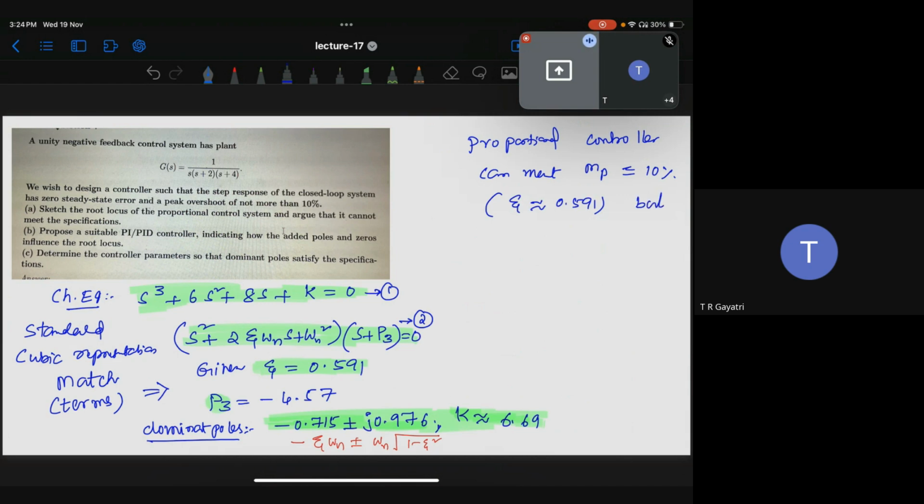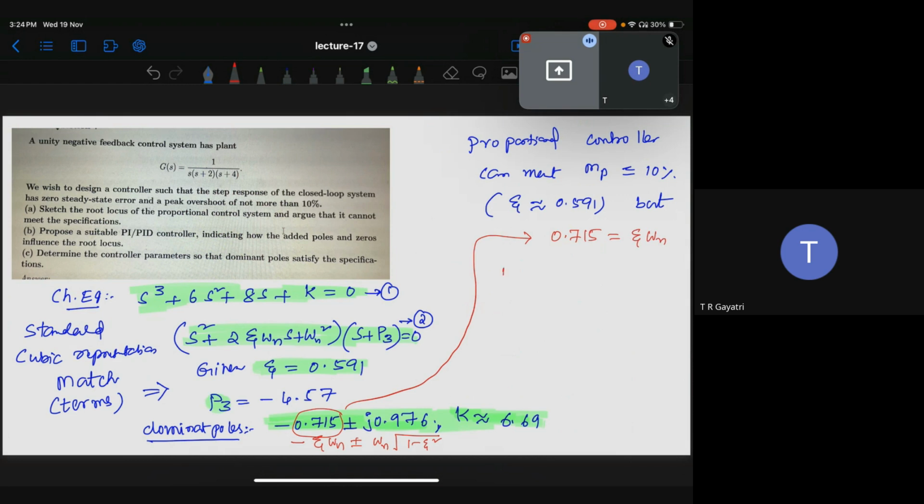But what is the real part of this? This is the real part. Let me write it. The real part is 0.715, which is nothing but zeta omega n.